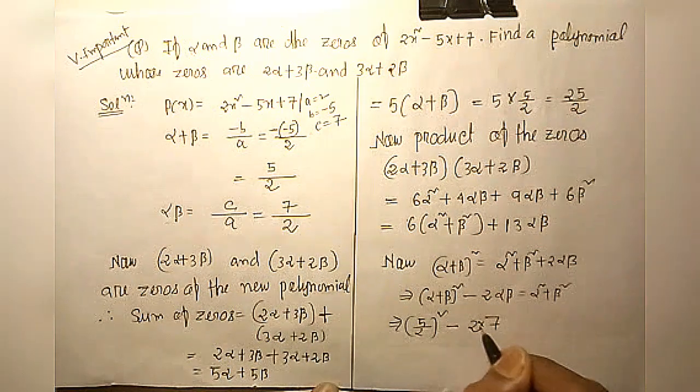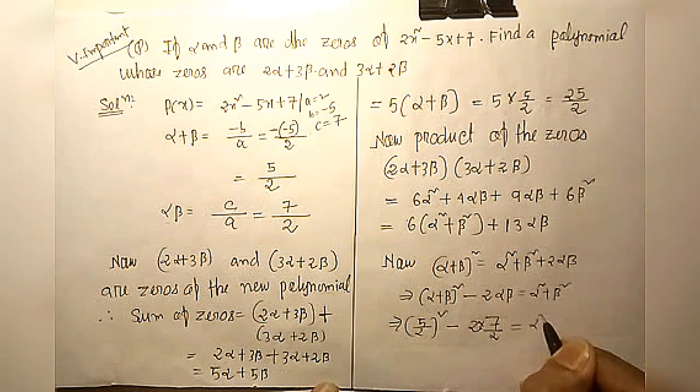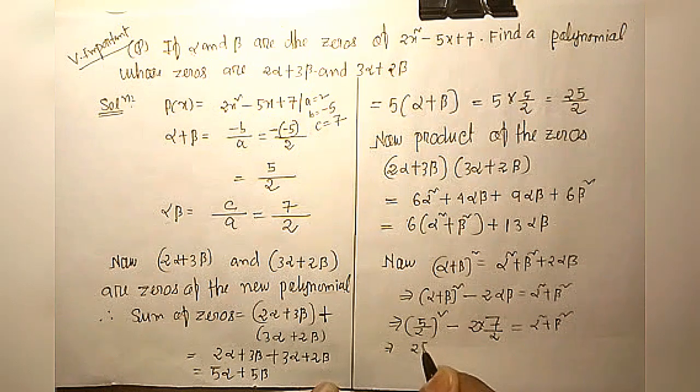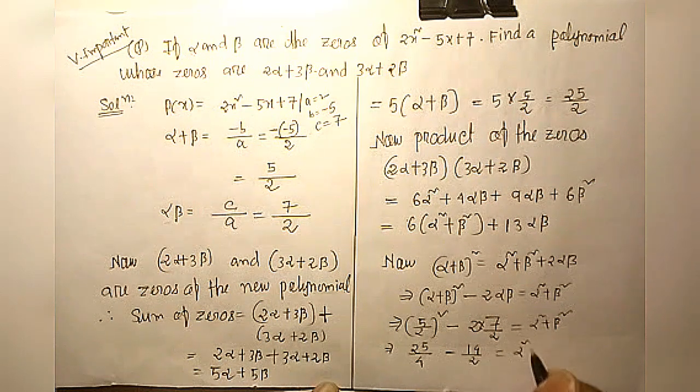So 5 by 2 whole square is 25 by 4, minus 14 by 2, equals alpha square plus beta square.